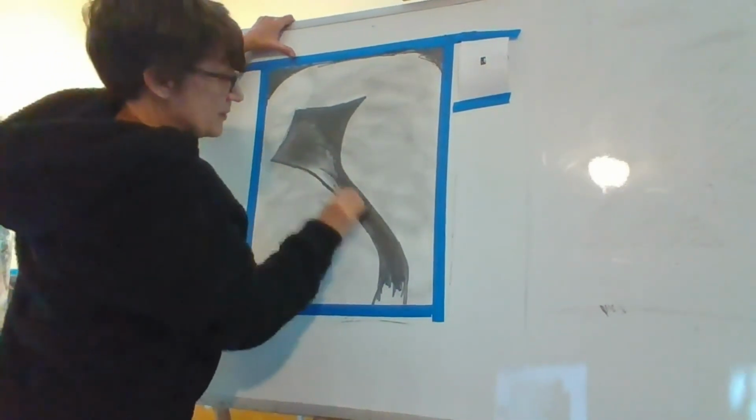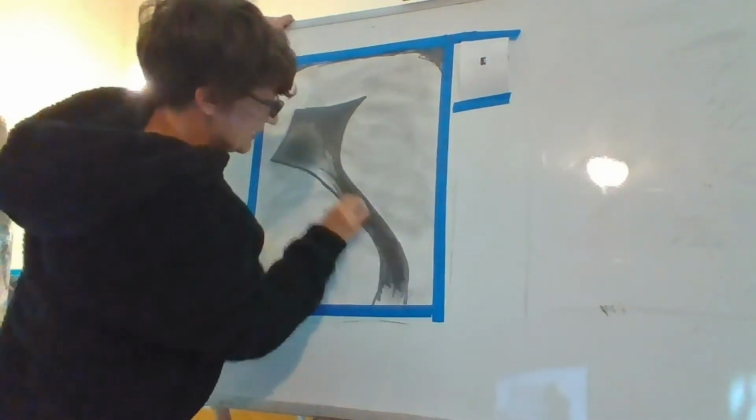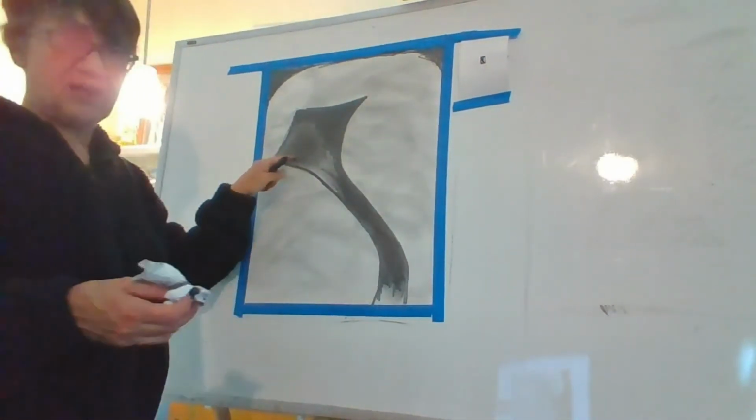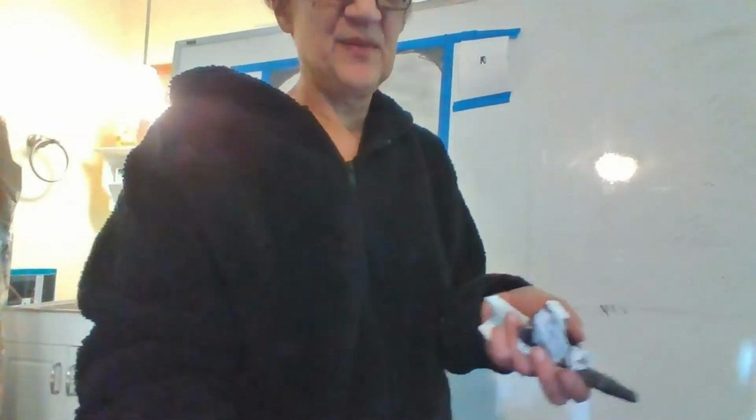But because I don't want to take this whole board down and I don't want to take this tape off, I'm going to color it in there. But if I did a couple more like that, in fact, I'm going to do a couple more like that and I'm going to finish coloring it and then I'll show you. I'll save the paper towels for the last so you can see how it can be done.